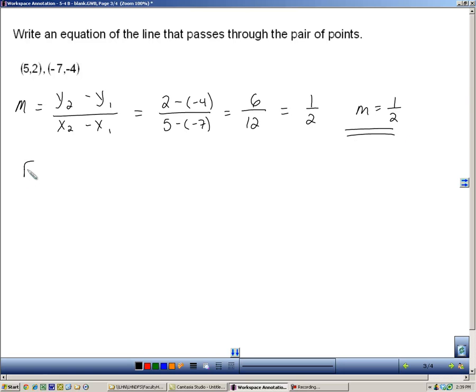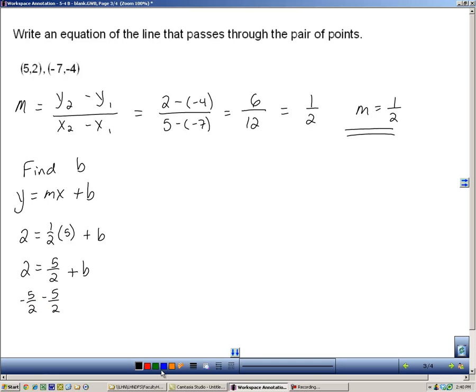Next thing to do is to find the b. I can pick any point I want. I'll stay with the positive numbers here. So y is 2, the m is 1/2, the x is 5, and plus b. So this is 2 equals 5/2 plus b. Well, I'm going to have to subtract 5/2 from both sides.